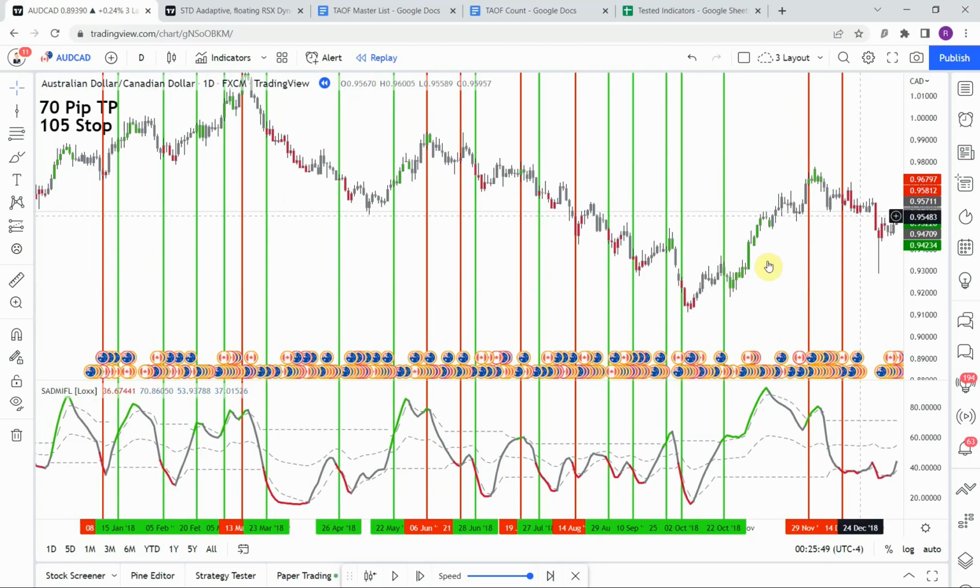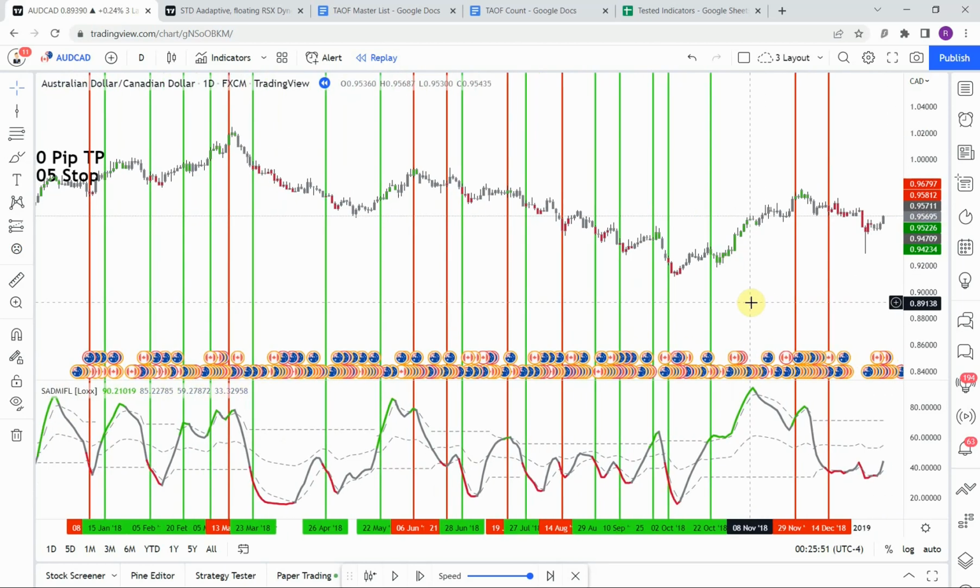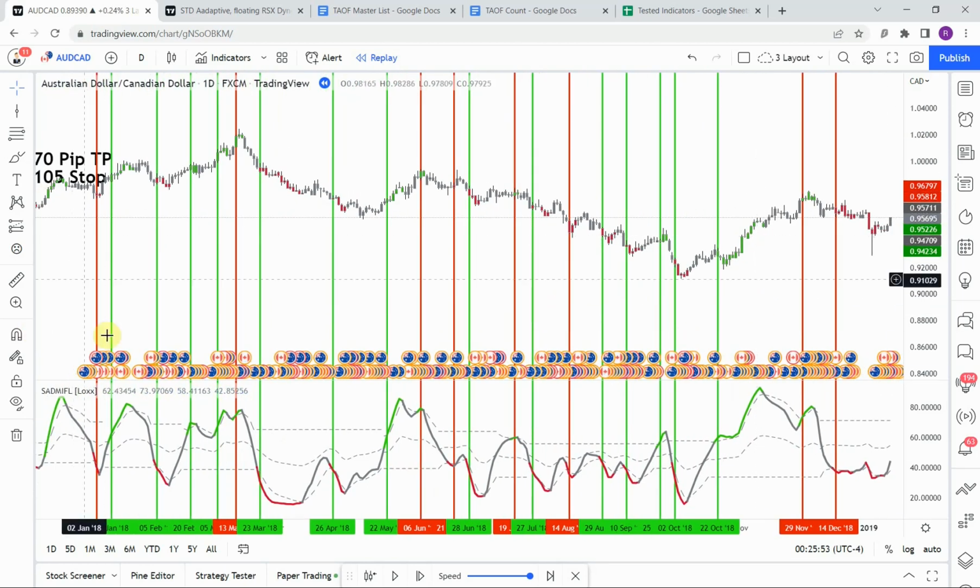So definitely a decent number of trades within the one year's time. Can't complain about that. Let's go ahead and count it out and see what we have. So 1, 2, 3, 4, 5, 6, 7, 8, 9, 10, 11, 12, 13, 14, 15, 16, 17, 18, 19, 20, 21, and 22. So we have 22 trades altogether.